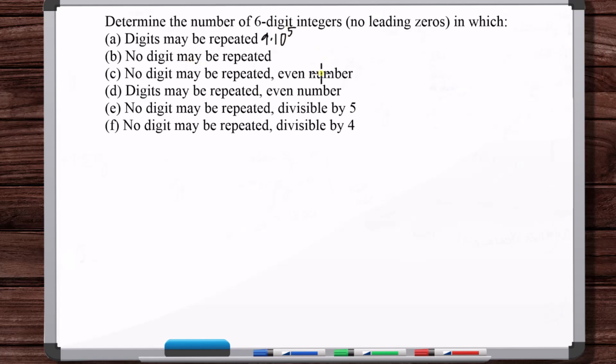Okay, now no digit may be repeated. So in that case, we've got 1, 2, 3, 4, 5, 6. There are different scenarios we need to analyze. We can't pick a 0 in the first position, so there are 9 outcomes. Now we could pick a 0 here, but then we can't pick whatever the first number is, so this is 9 outcomes as well.